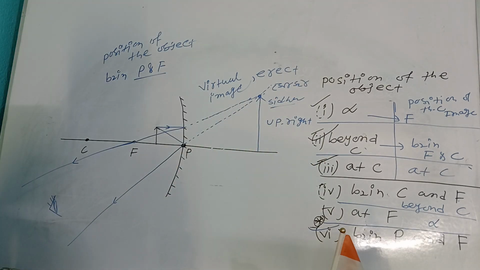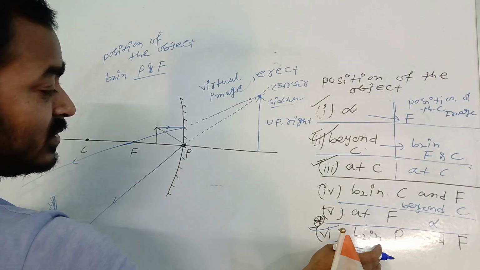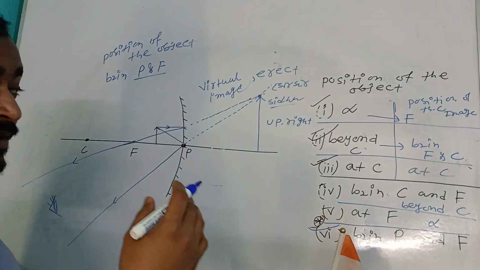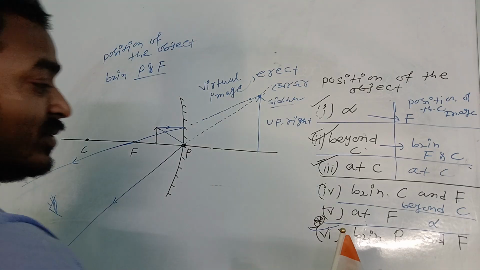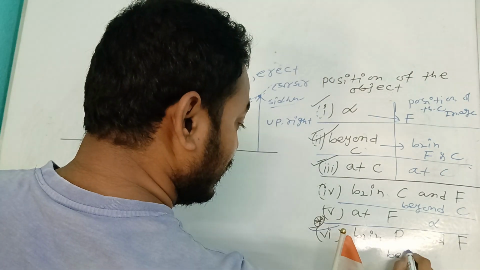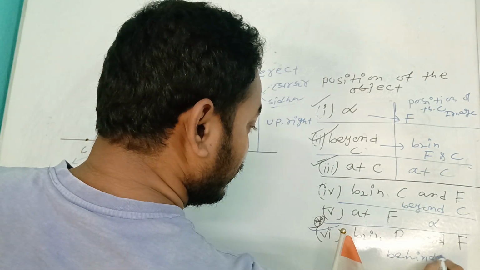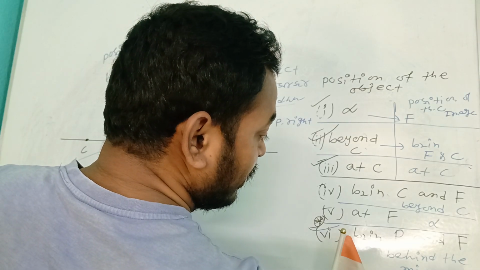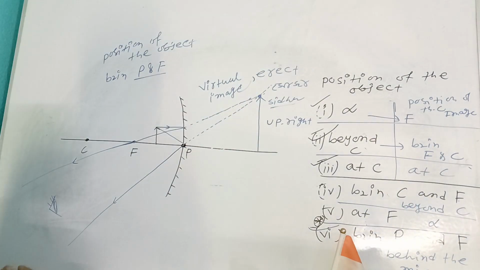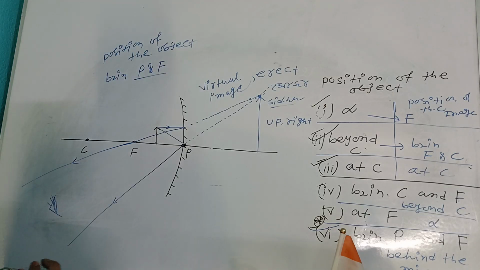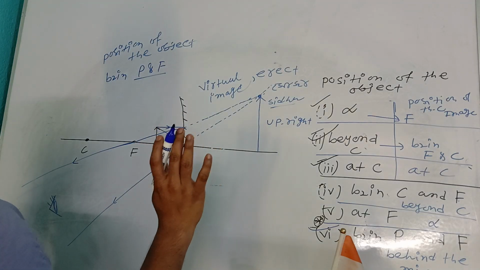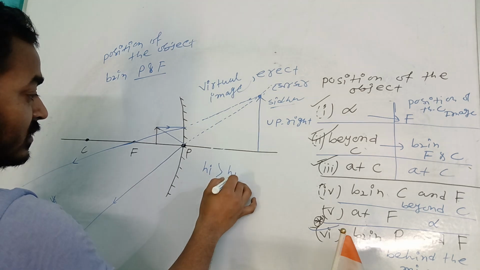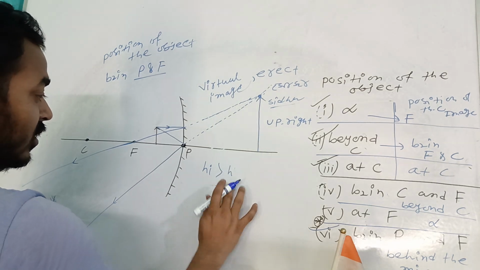Then position. What is the position? Behind the mirror. It is behind the mirror. Okay. And now the height of the image is greater than the height of the object.